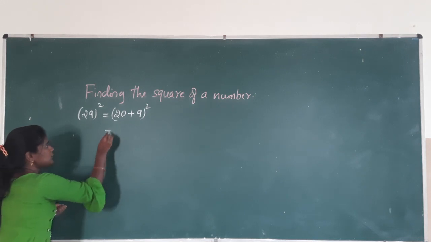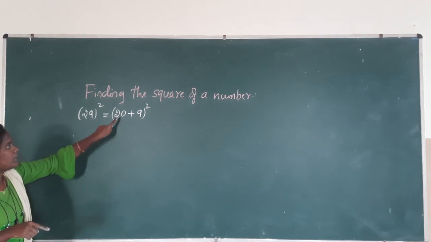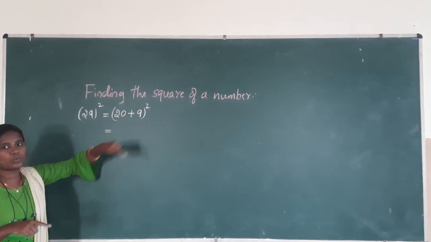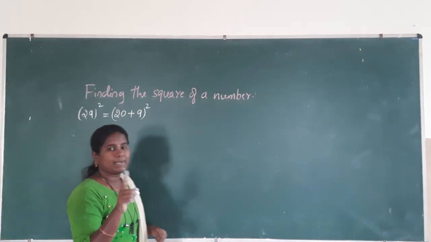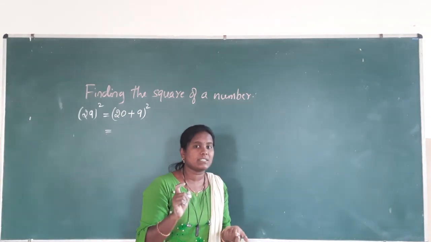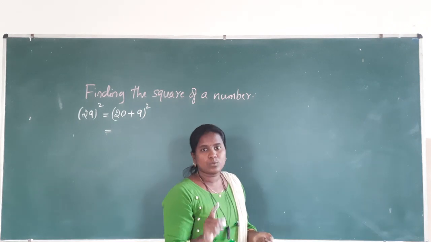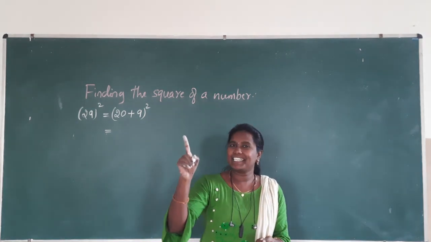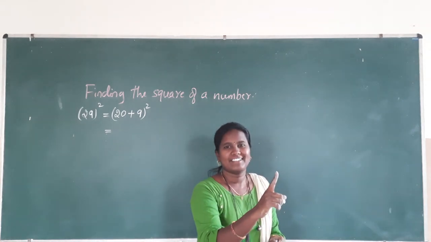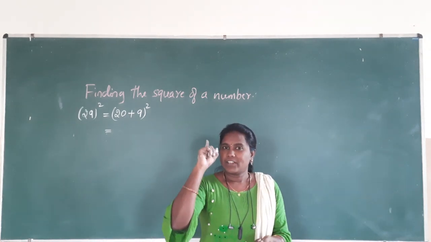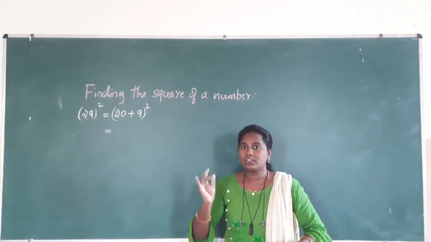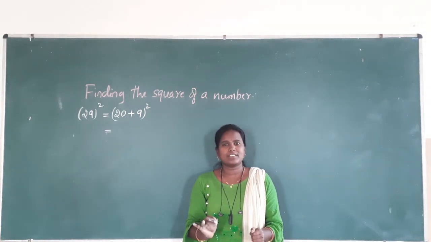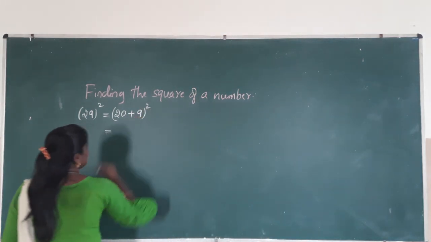See, in which form is it? It is in the form a plus b whole square. What is a plus b whole square? Yes, it is a square plus 2ab plus b square. Algebraic identities follow you everywhere, so you have to keep all those identities in mind always.